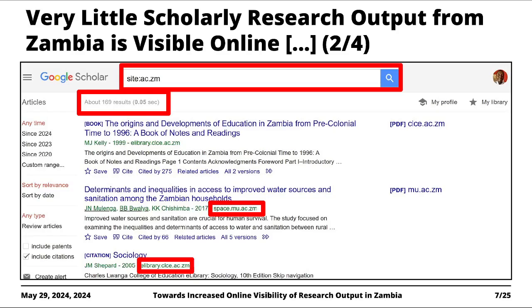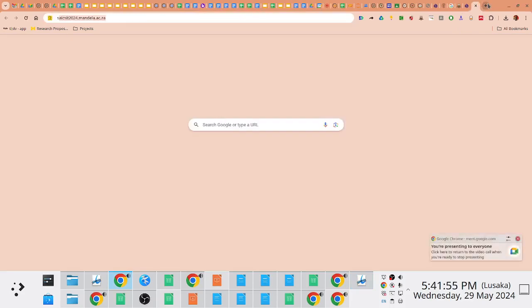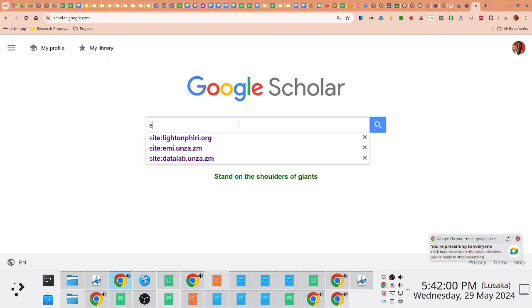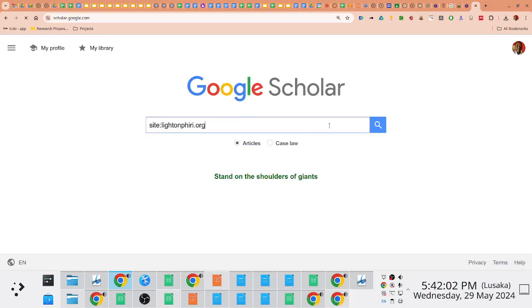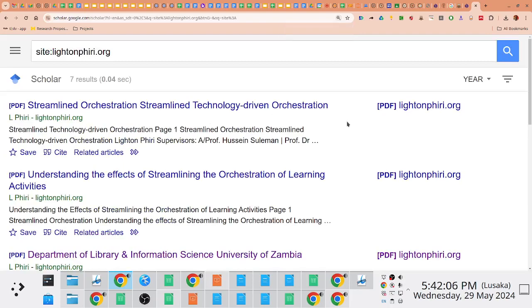Depending on how you're indexing things like your blog or your website, you will have content indexed here. For instance, my personal blog is indexed within Google Scholar because I've put in deliberate measures to ensure that publications that I archive on my blog are actually indexed within Google Scholar.